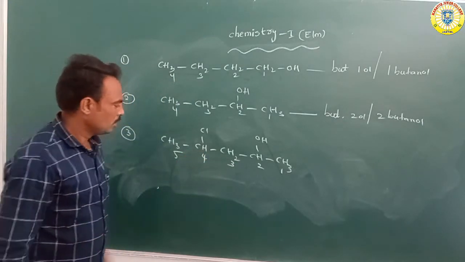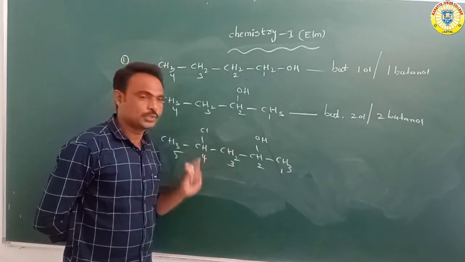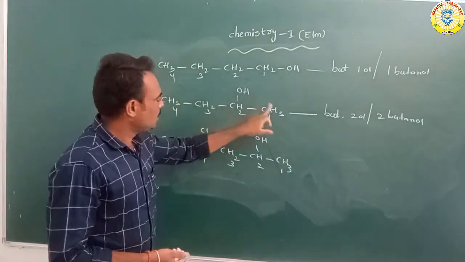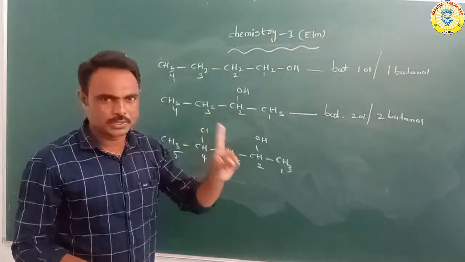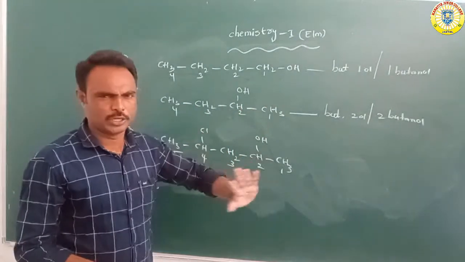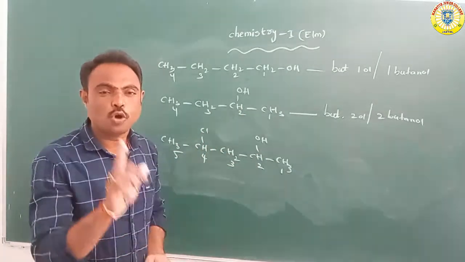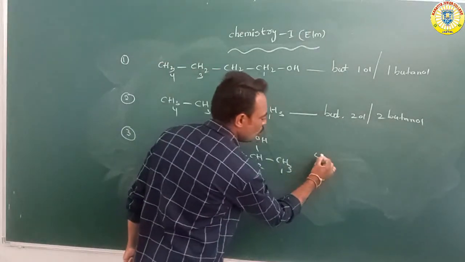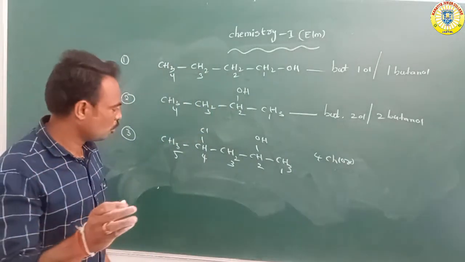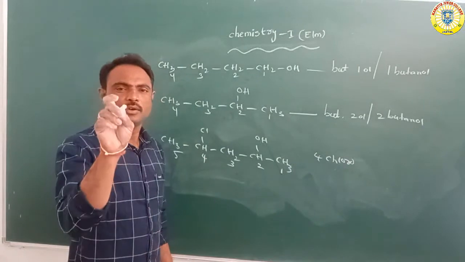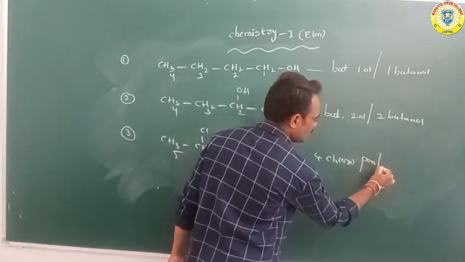So overall, first we write the attached groups. In the previous example no groups were attached, so we wrote but-2-ol. But here a chlorine group is attached on the fourth carbon, so we write 4-chloro. Next, how many carbons? 5 carbons, so we write pent.